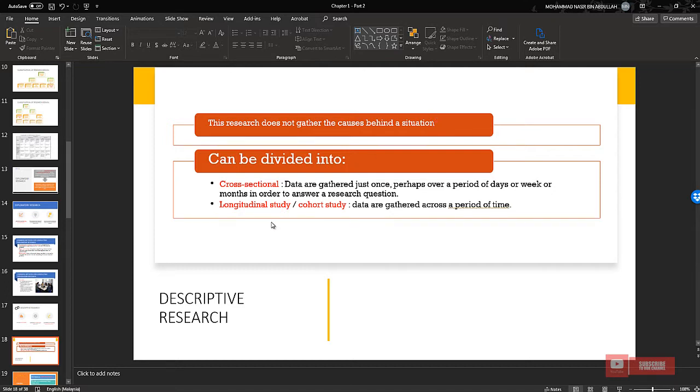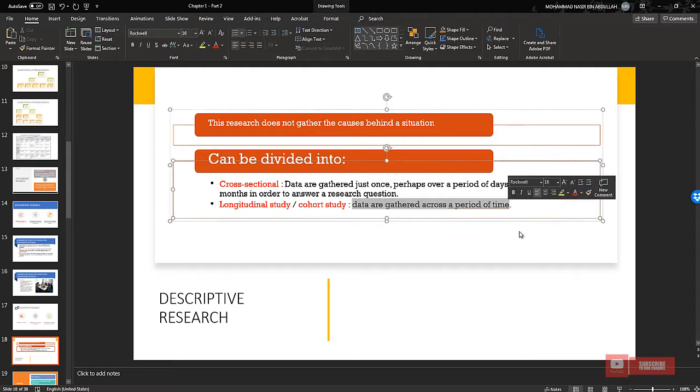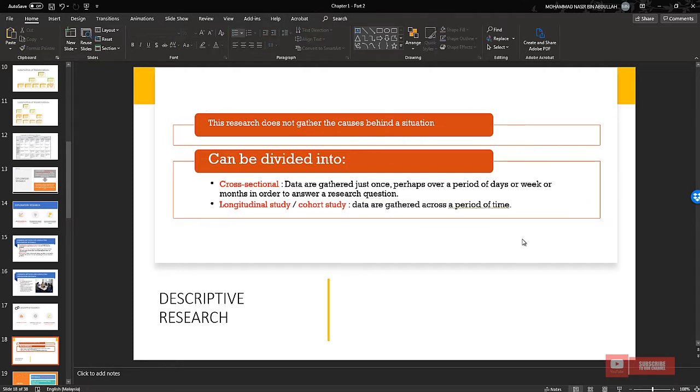So for a longitudinal study or cohort study, data are gathered across a period of time. That means we are trying to follow up our observation. We want to know what will happen as they start to develop. Let's say, for example, we want to know the average time to die when you have cancer.